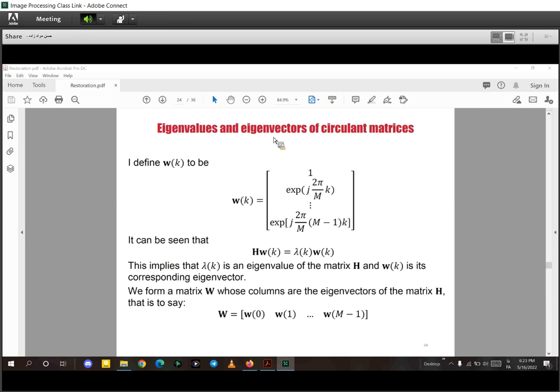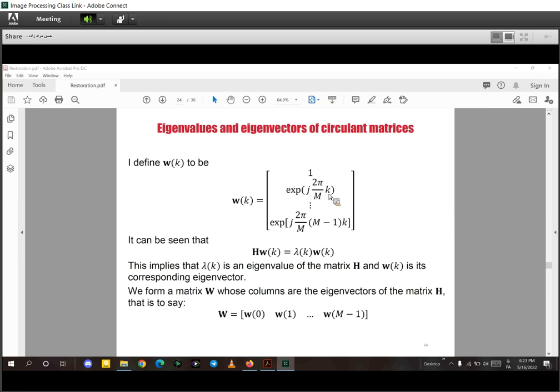So this is again eigenvalues and eigenvectors for a circular convolution, or a circulant matrix. Okay. If we define w_k as, for example, w_k or weights, okay, exponential of 0. That means j2π/m 0 is 1.